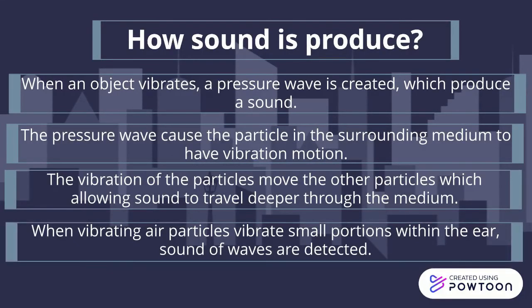Second, the pressure wave causes the particles in the surrounding medium to have vibration motion. Third, the vibration of the particles moves the other particles, which allows sound to travel deeper through the medium. Fourth, when vibrating air particles vibrate a small portion within the ear, sound waves are detected.